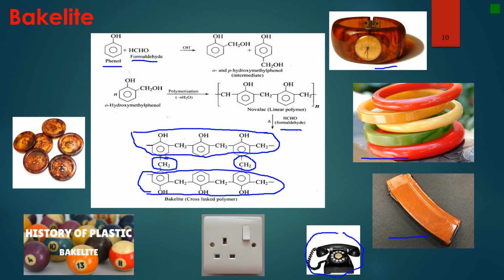We have the switch and the socket for electrical appliances. We have billiard balls here, for those people who play billiards. We also have buttons that we have on our clothes.